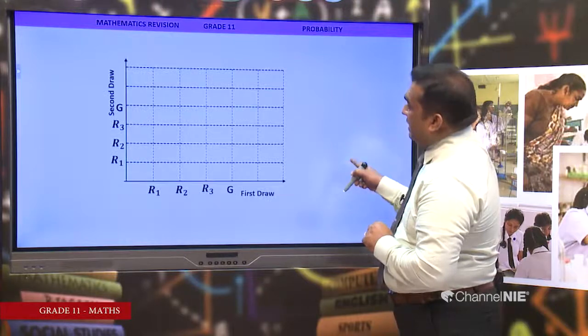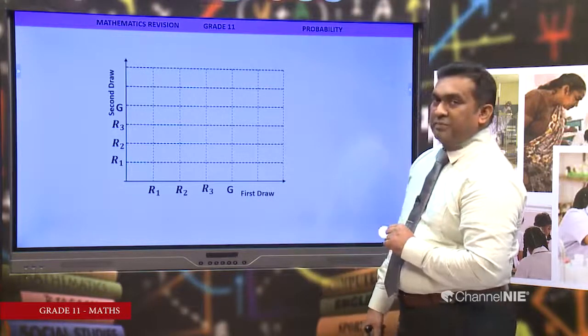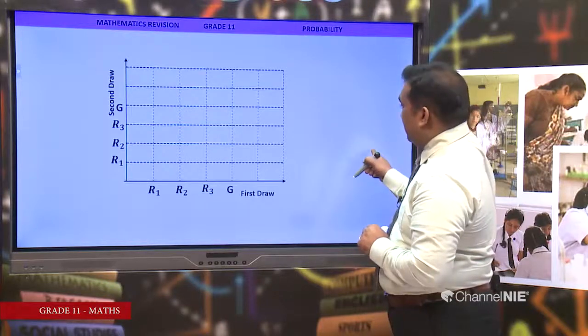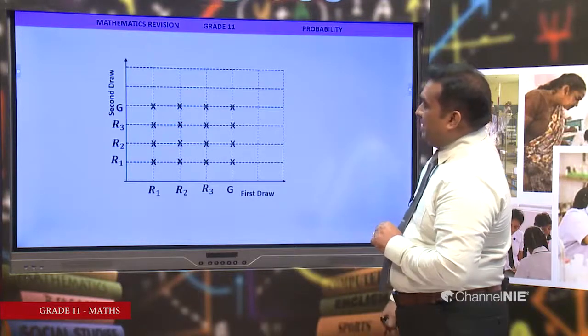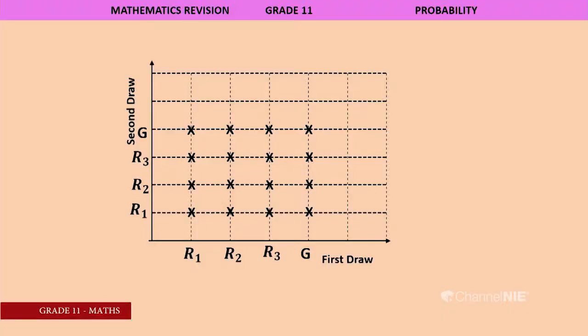This is the grid: first drawn, second drawn. This is an event. In first drawn, first red ball. In second drawn, first red ball. With replacement.